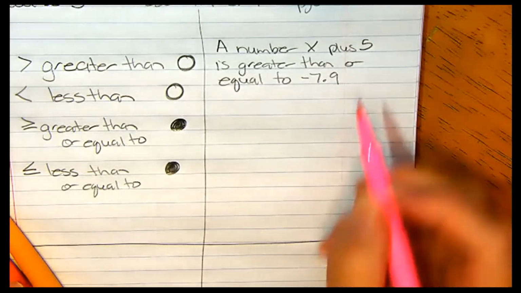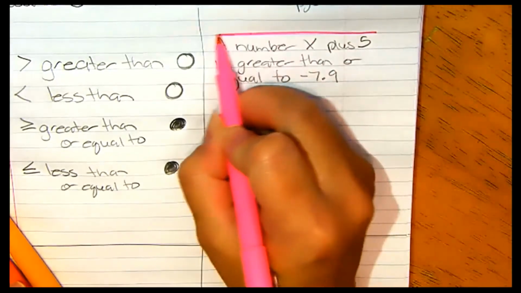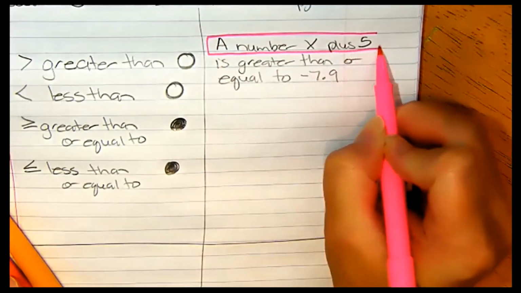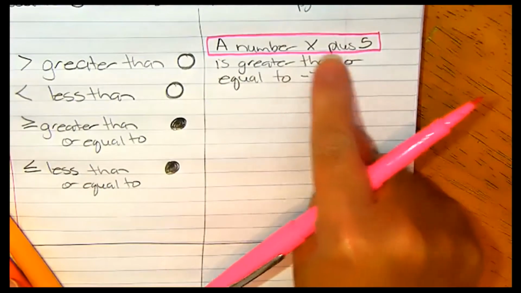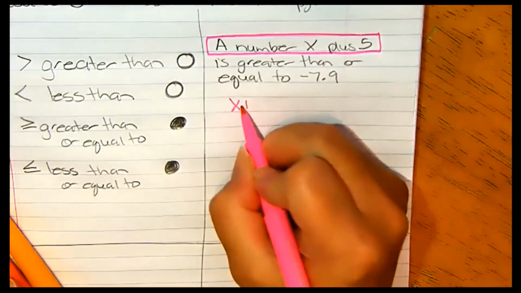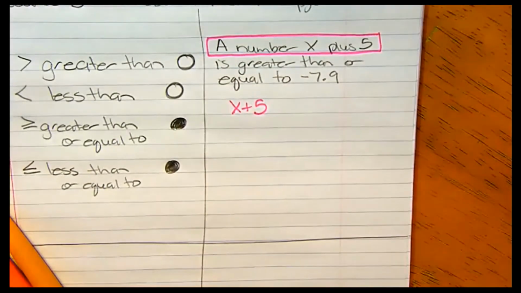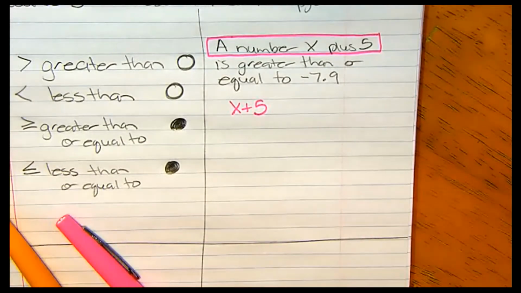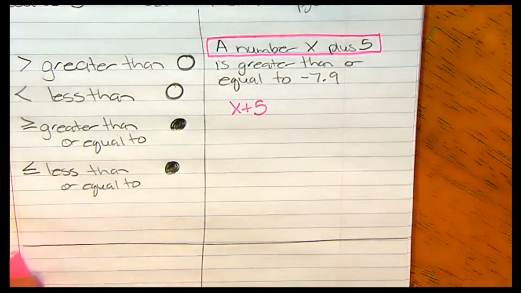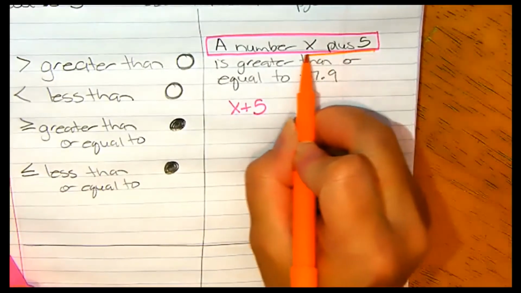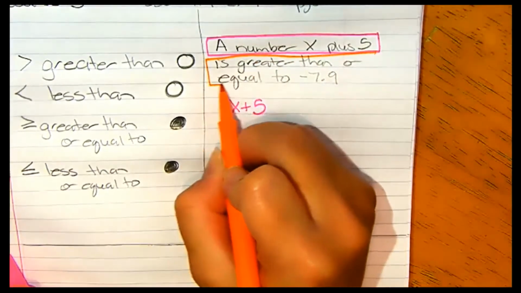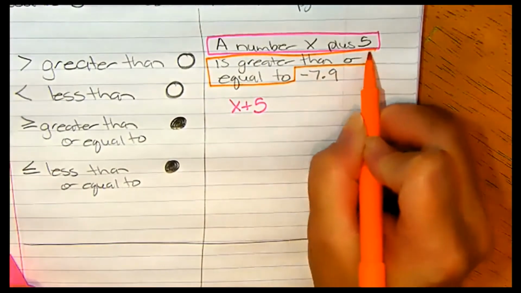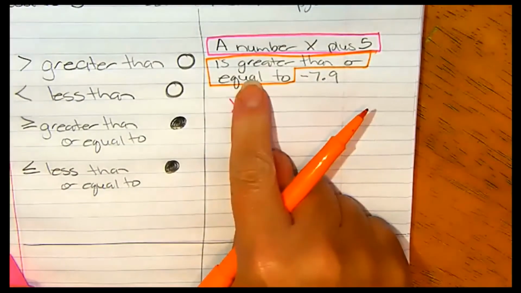So to do that, we're going to kind of have to pull it apart. A number x plus 5. Well, that's easy. A number x plus 5. I can do that. Is greater than or equal to.